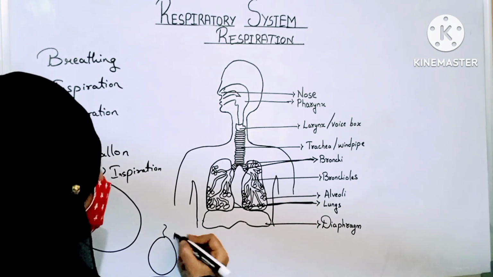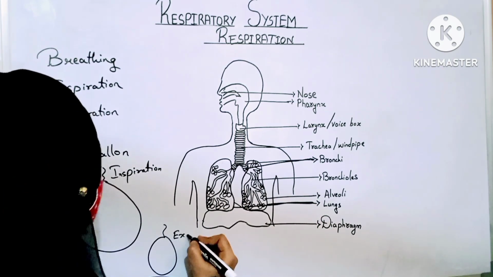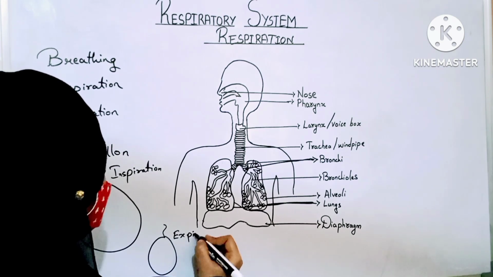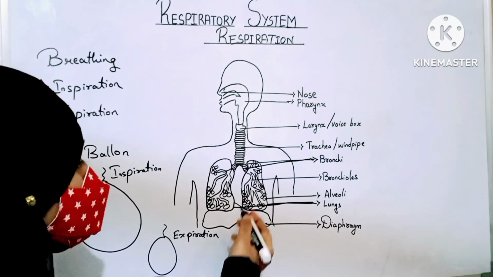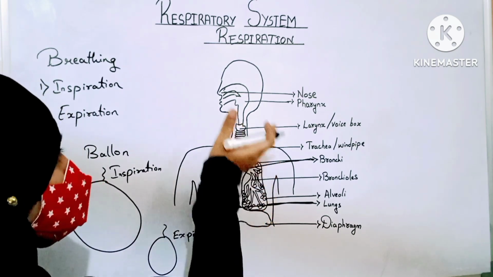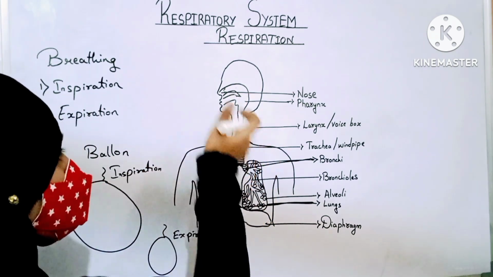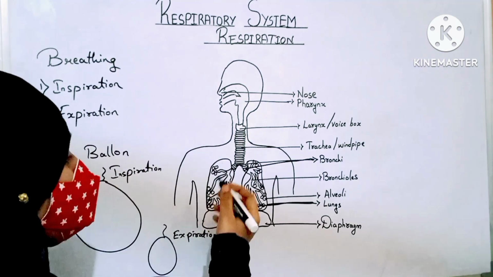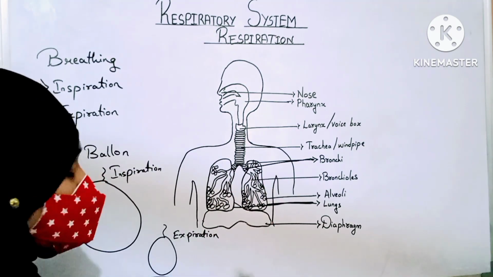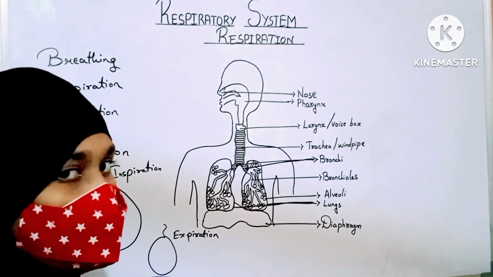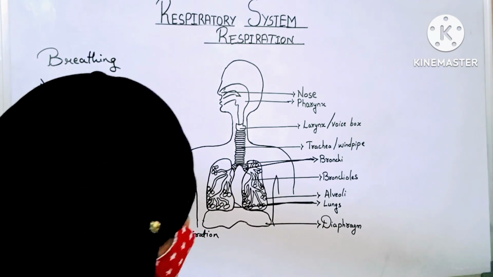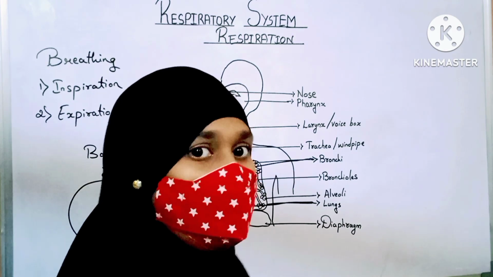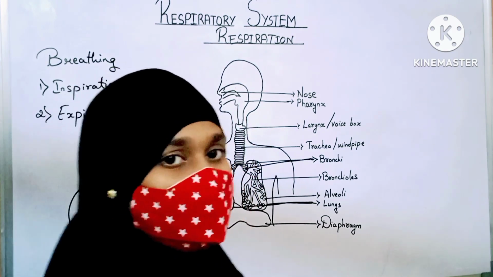It is seen in expiration. You can see in the lungs, when the air is coming out from the lungs through the nose, the position is relaxed. When it is taking in, it is in a contracted position. This is a small example of inspiration and expiration.